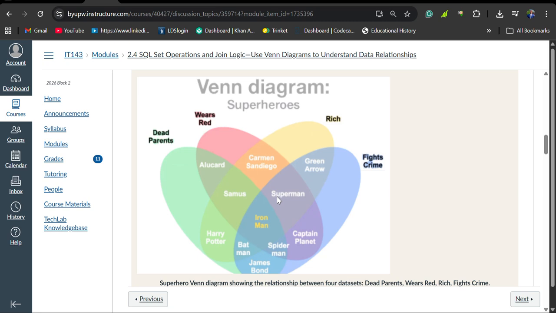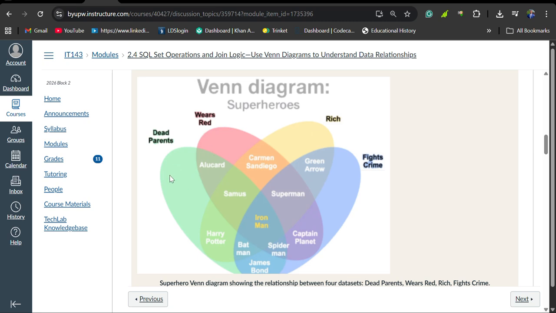And for us to also work with two separate entities, that is the dead parent and the ones that wear red. The inner joint between the two is Alucard, Samus, Iron Man, and Spider-Man.